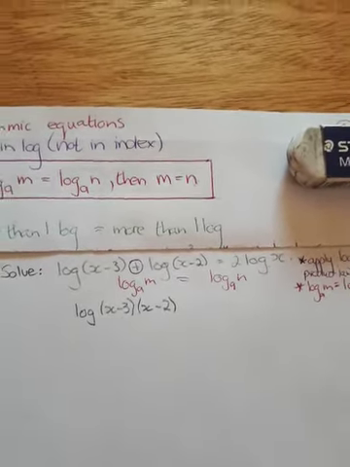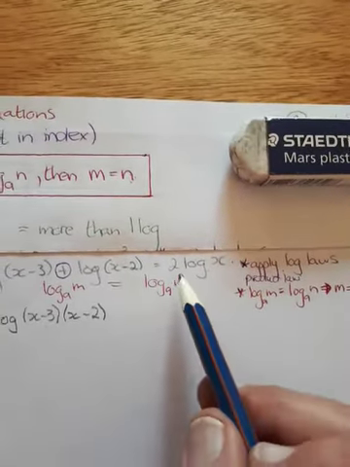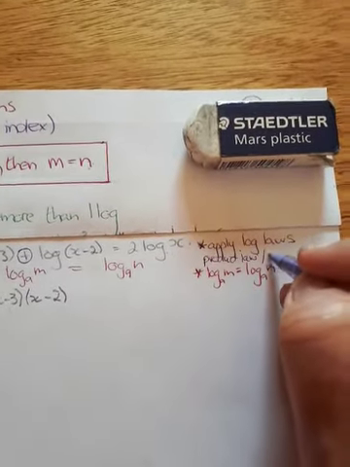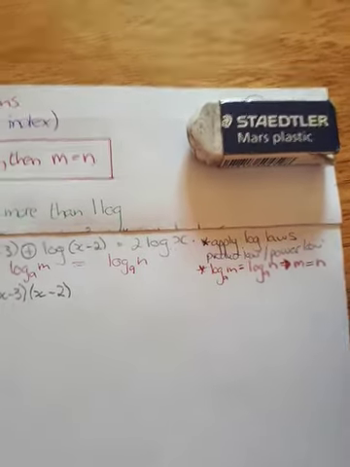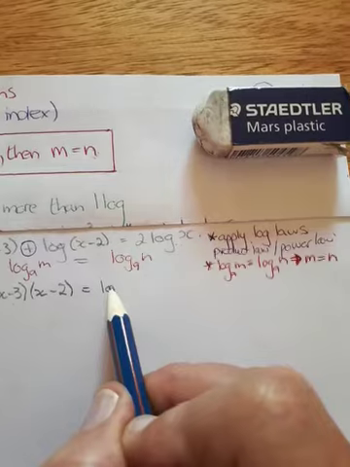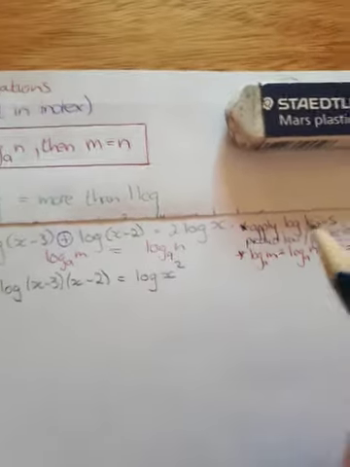That is the product law. On the right hand side, we've got 2 log x, which you now should recognize as the power law of logs. So we're going to apply the power law, which becomes log of x to the power of 2.